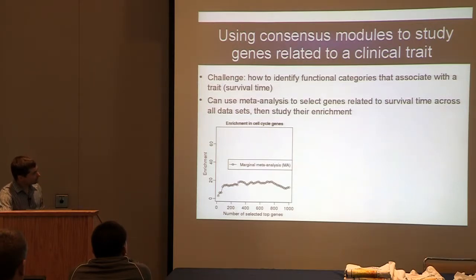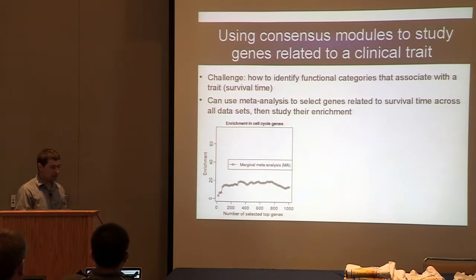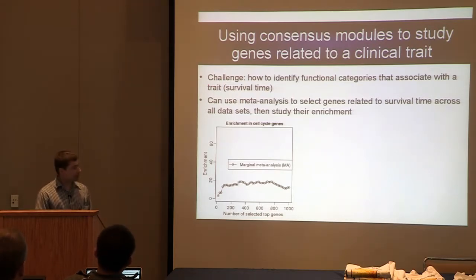And so one way to find the biological categories or pathways or processes that might be associated with survival time is to use a standard approach, meta-analysis of gene association with survival time. The meta-analysis gives you a ranking of genes, and so you select a number of top genes, and you look at the enrichment of that top number of genes in known categories.